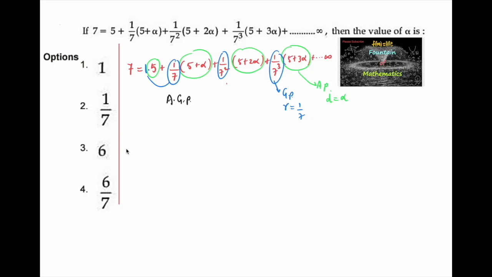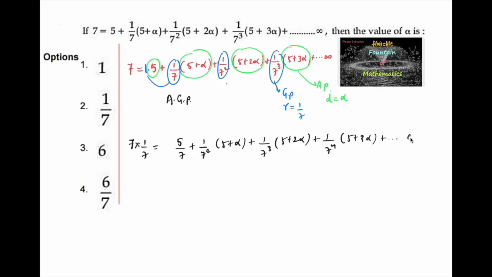So let us multiply by 1 upon 7 on both the sides. We get 7 into 1 upon 7 is equal to 5 by 7 plus 1 upon 7 square of (5 plus alpha) plus 1 upon 7 power 3 of (5 plus 2 alpha) plus 1 upon 7 power 4 of (5 plus 3 alpha) and so on up to infinity.